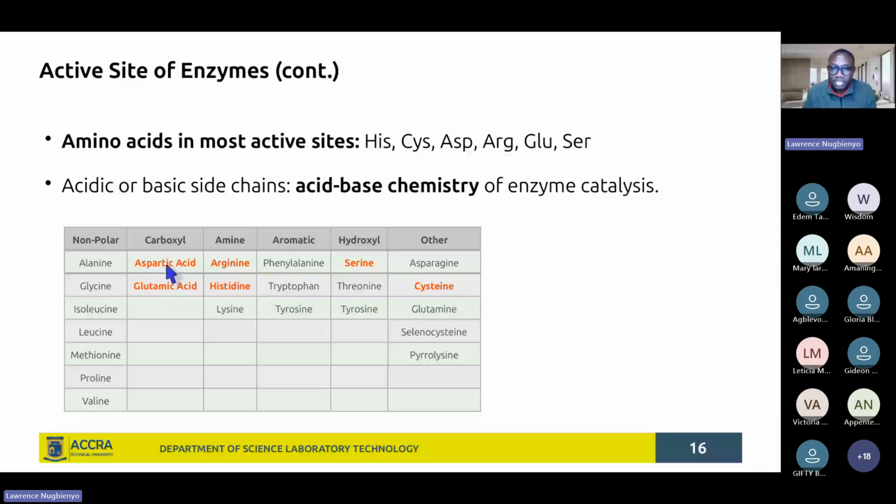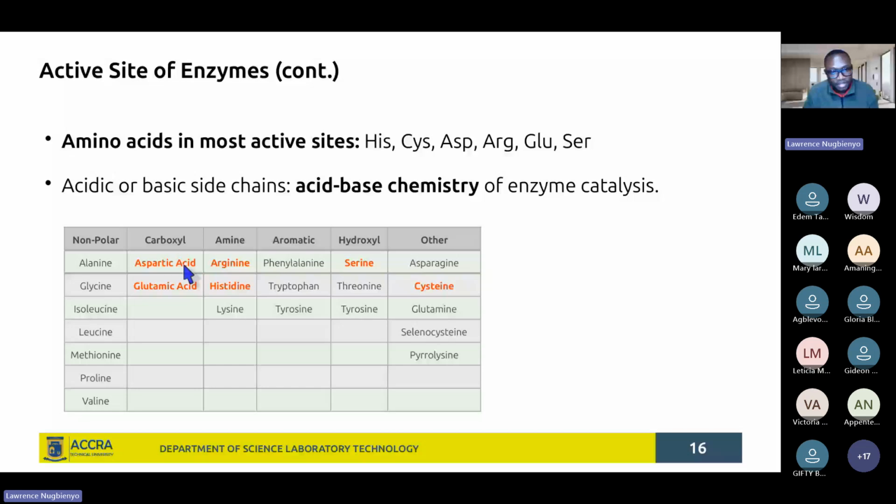So you can quickly use that and refer to, say, if you take aspartic acid, for instance, what's the side chain? How about glutamic acid? What's the side chain? You see that you have some extra carboxylic acid group on the side chain. That is apart from the carboxylic acid group, which is on the alpha carbon. So that would be an acidic side chain.